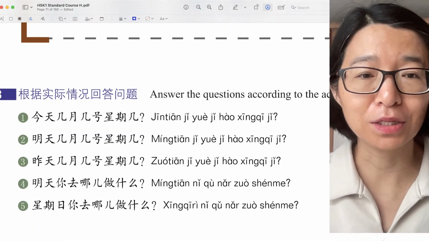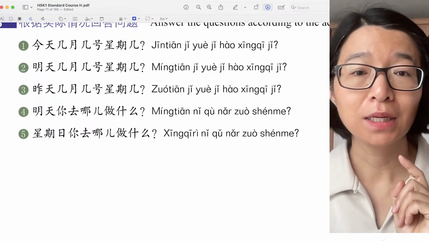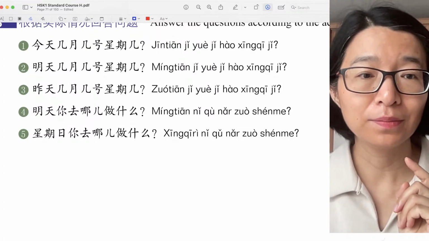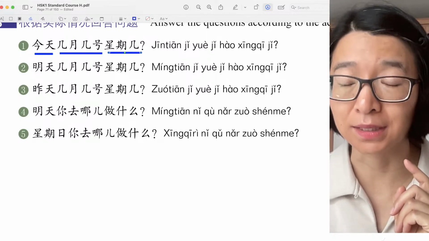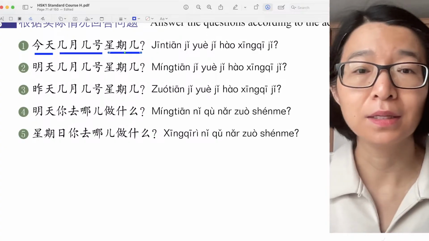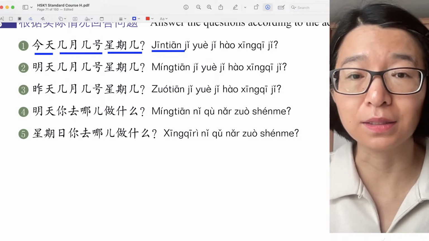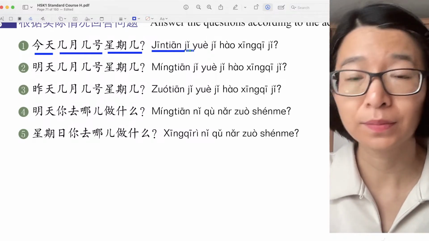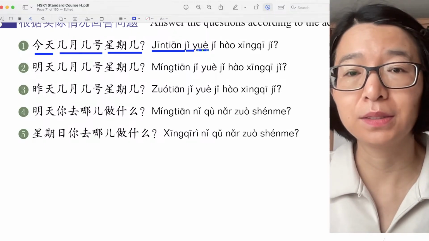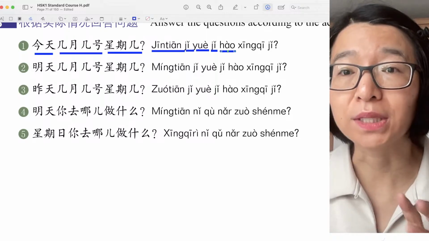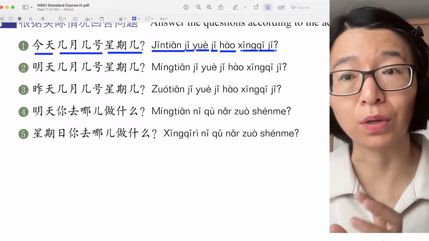Great. Now let's continue to answer these questions. 今天几月几号？星期几？ Okay, 今天 today. 几, yeah, we learn this word. 几月, which month? 几号, which date? 星期几, which day of the week?